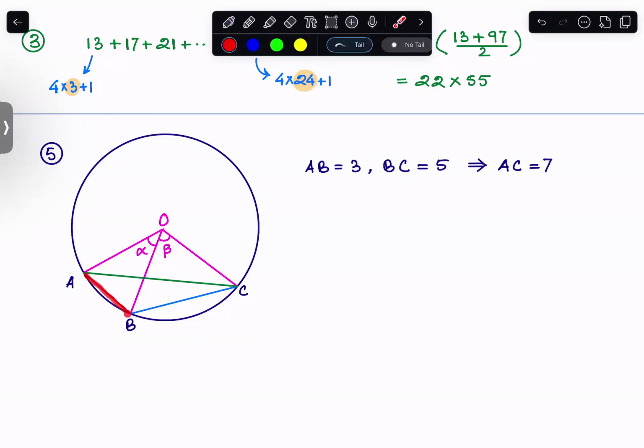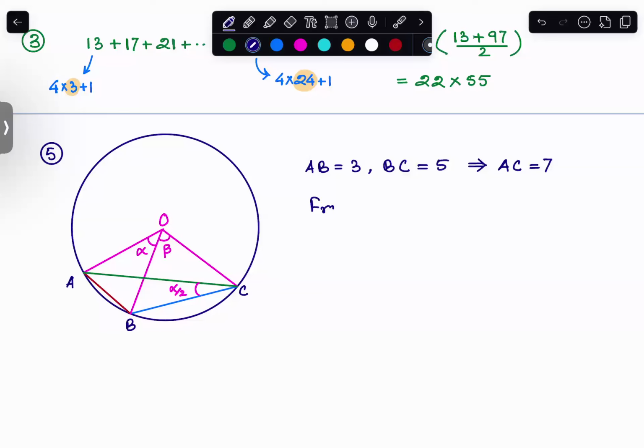A chord AB subtending angle alpha at the center. We need to identify what angle will be subtended by the same chord at any point of the major arc. Alpha by 2. Very good. So this angle has to be alpha by 2.